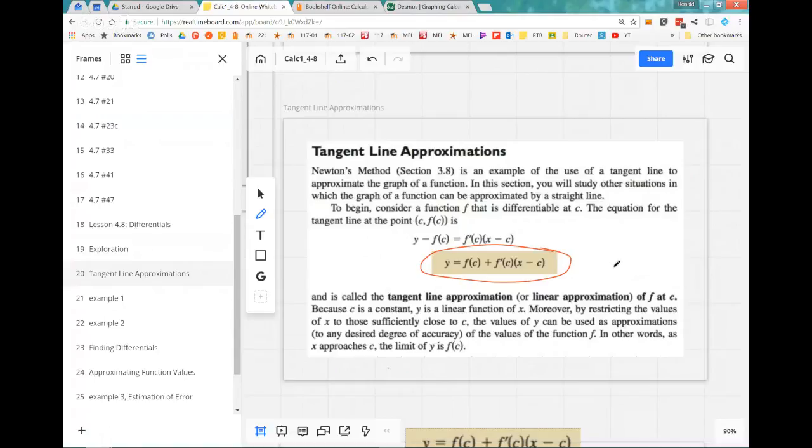What we have here will give us the height of a point at any value c.